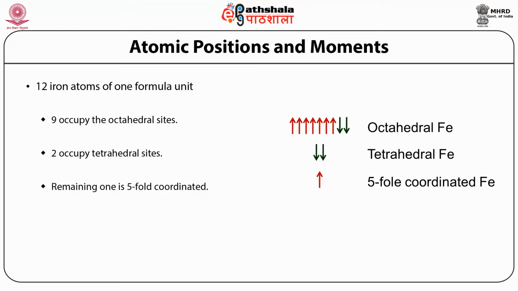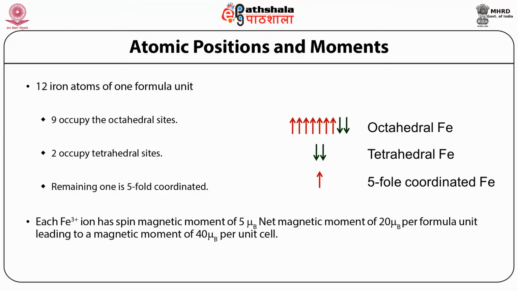As we saw earlier, each Fe3+ ion has a spin magnetic moment of 5 μB, and simply, it gives a net magnetic moment of 20 μB per formula unit, leading to a magnetic moment of 40 μB per unit cell.